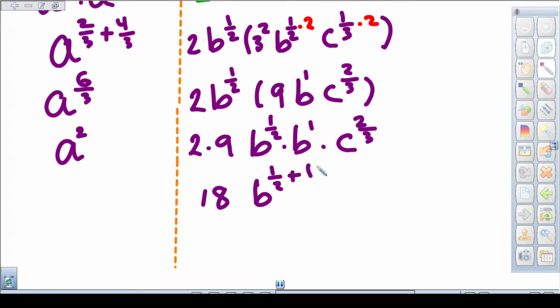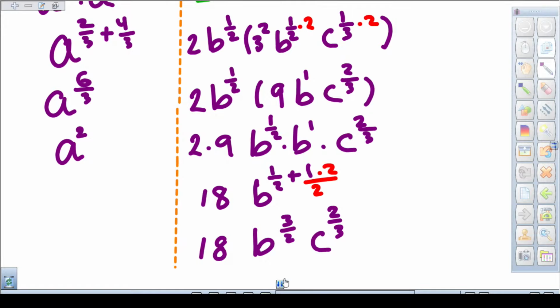I need to make this guy a 2, so basically I'm going to have to multiply it by 2 and divide it by 2. So I have 18 b to the what? 1/2 plus 2 over 2. That's going to give me 3 over 2. And then the c is 2 over 3.